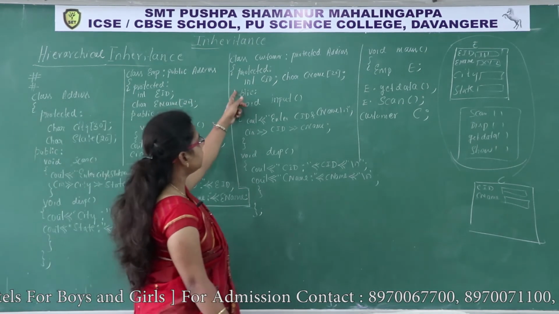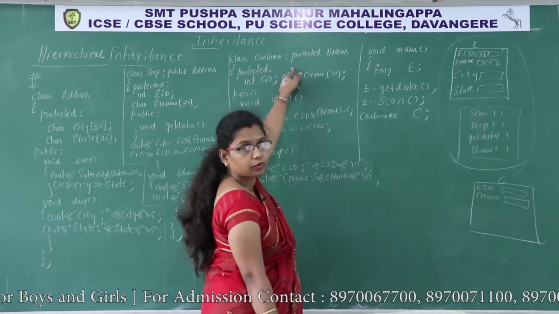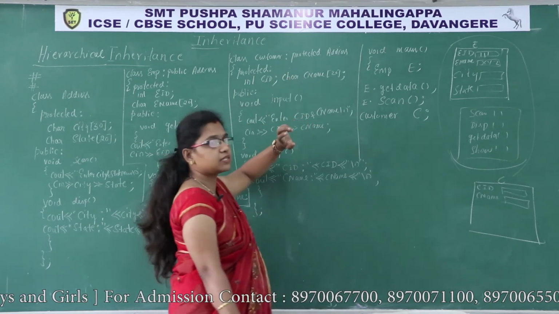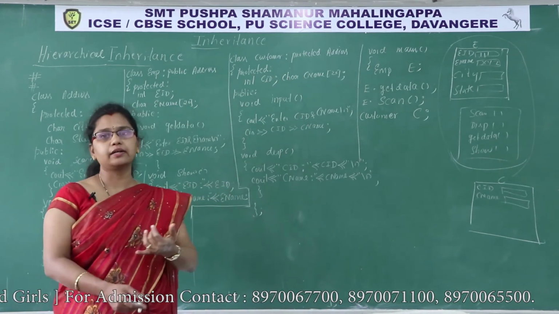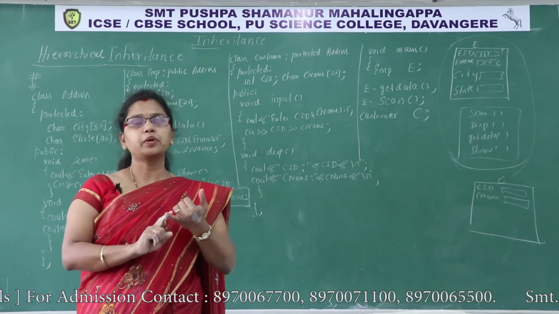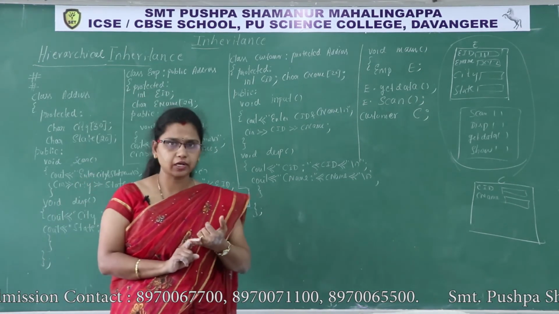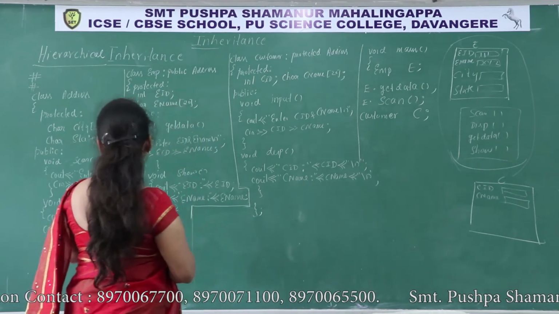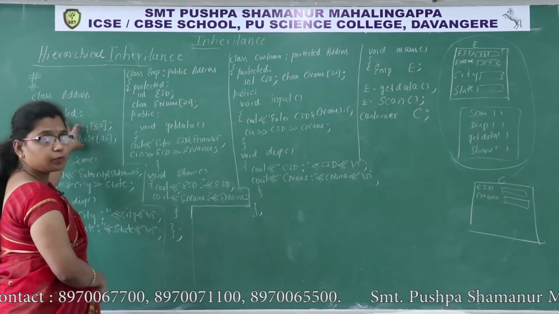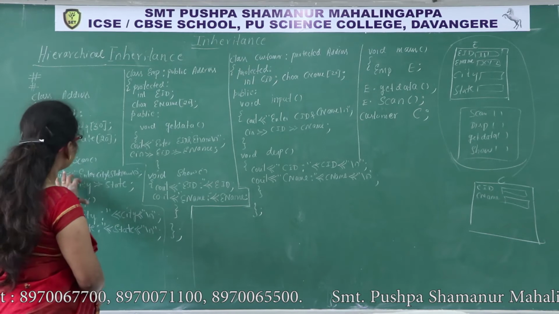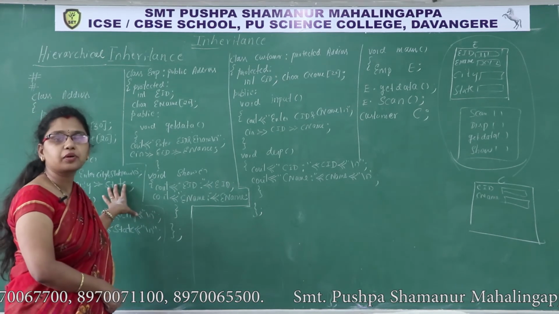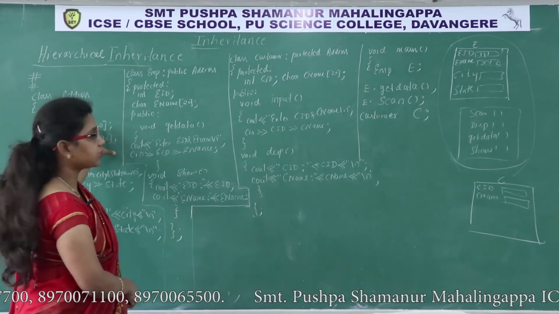See, it is inherited as a protected mode of inheritance. What is the rule? Protected mode of inheritance: base class protected and public members become protected members of the derived class. So what is there in the base class protected section? City and state are the protected members of the base class. Scan and display are the public members of the base class.